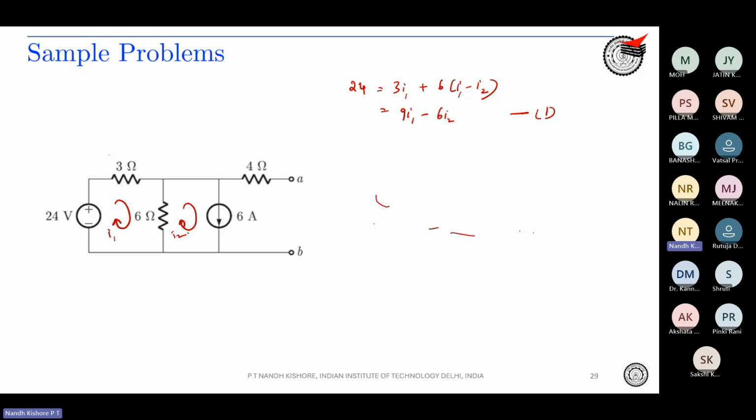The second expression is going to be what?